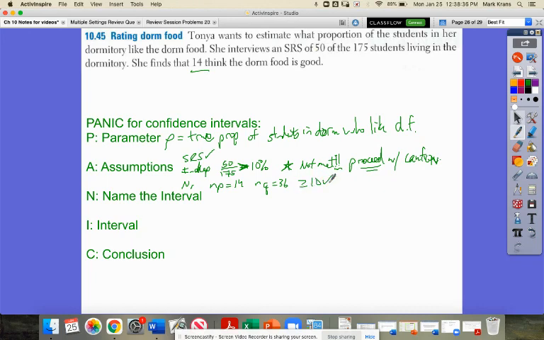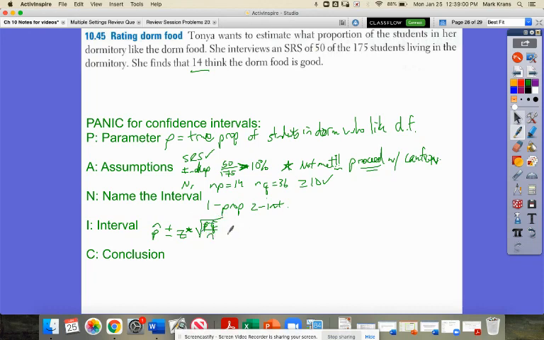So we're good right there. Now name the interval. This is a one proportion z interval. And how do we calculate it? Well, we want to take our p hat plus or minus our z star times the square root of p hat q hat over n.